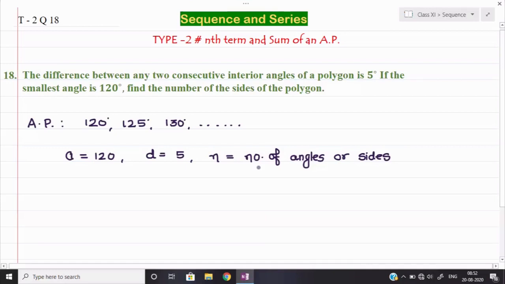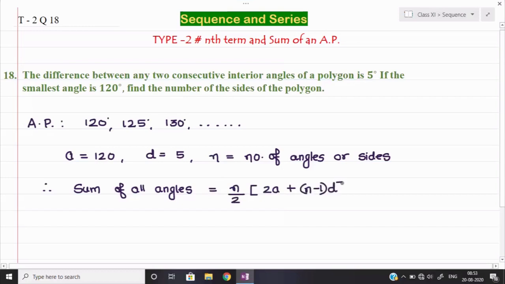Now if I try to find out the sum of all angles with the fundamental of AP, I will apply the formula here: n upon 2 into the bracket 2a plus n minus 1 into d.